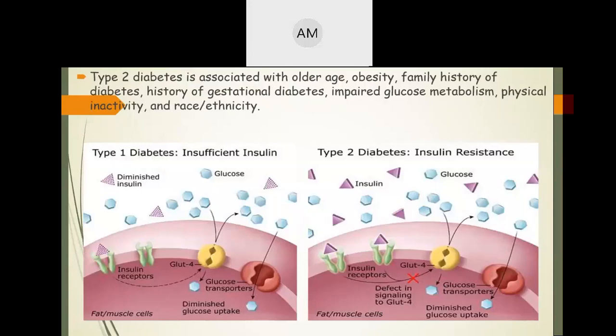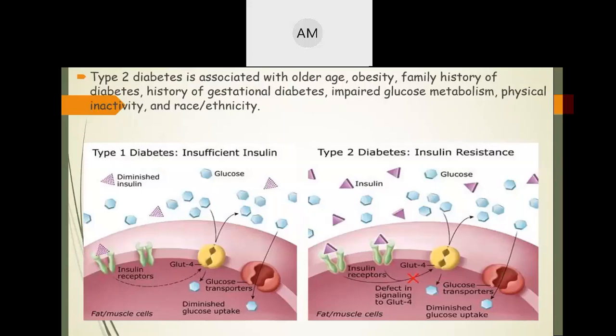And type 2 diabetes is also associated with a family history of diabetes, if it runs in your family, and a history of gestational diabetes, a temporary diabetes found when a female is pregnant. Impaired glucose metabolism can also lead to type 2 diabetes.